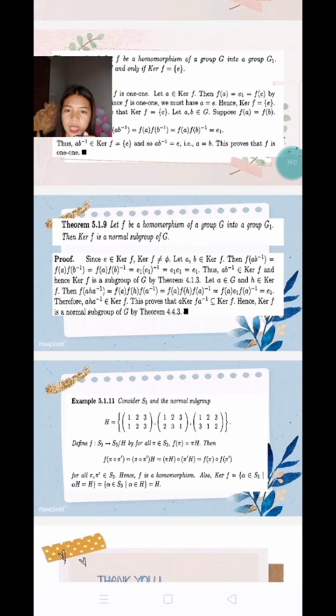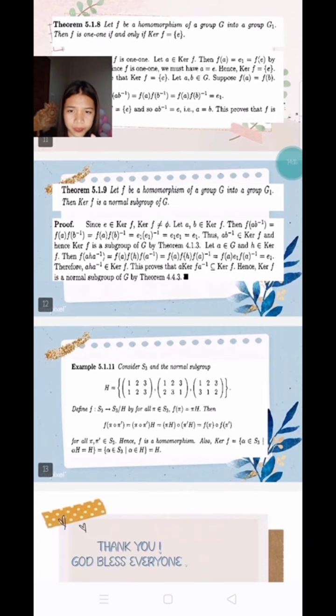Therefore, a h a raised to negative 1 is an element of kernel of f. This proves that a kernel of f a to negative 1 is a subset of kernel of f. Hence, kernel of f is a normal subgroup of G by Theorem 4.1.3.